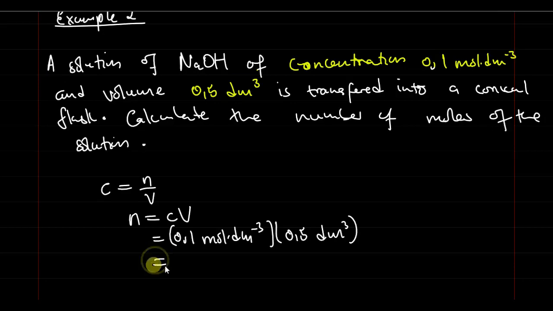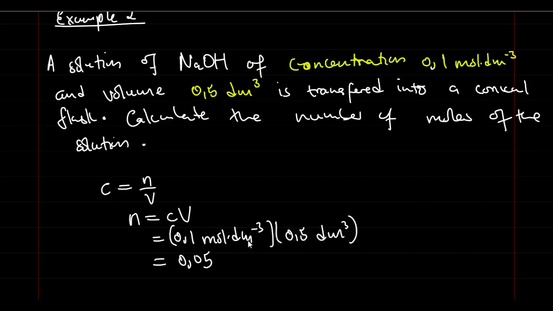So now what's going to happen? We will multiply the numbers together, 0.1 times 0.5. Okay, what do we have? So we have 0.05. But what are the units? If you check, it is mole per dm cubed multiplied by dm cubed.